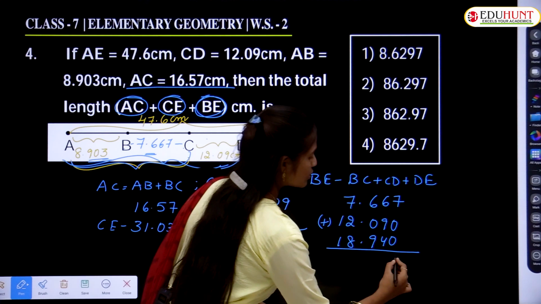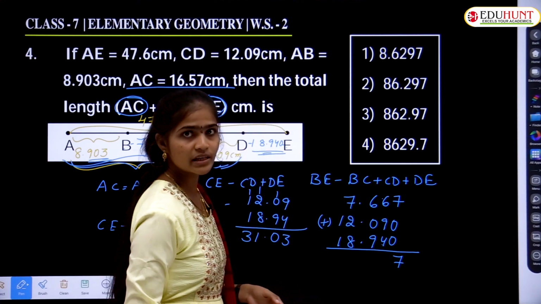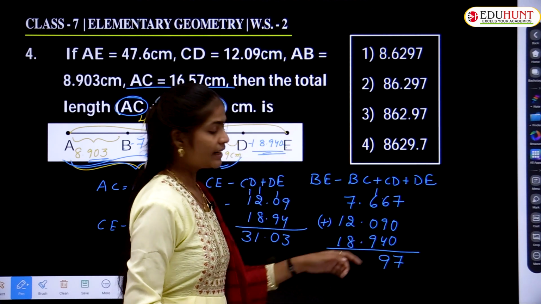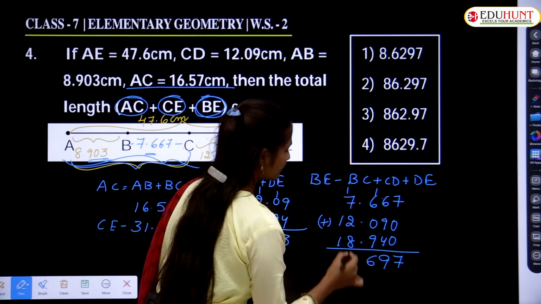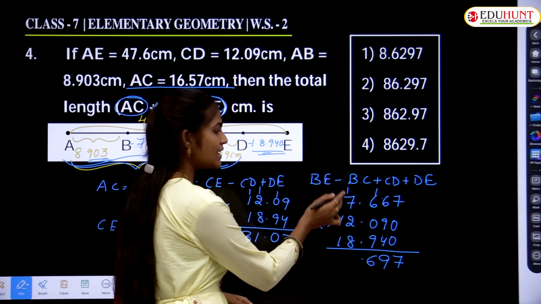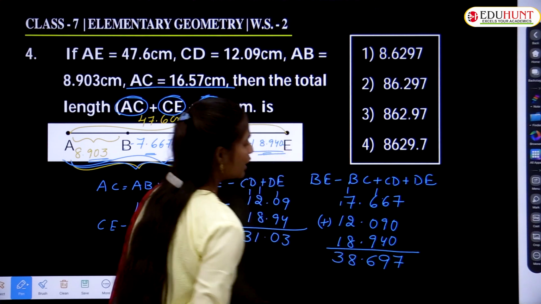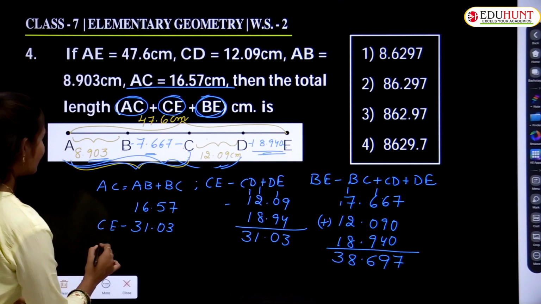Then here 7 plus 0 is equal to 7, and here 6 plus 4 is equal to 10, 10 plus 9 is equal to 19. Okay, next 9 plus 1 is equal to 10, 10 plus 6 is equal to 16. Next 8 plus 2 is equal to 10, 10 plus 7 is equal to 17, 17 plus 1 is equal to 18. So 38.697, that is the measurement for BE.